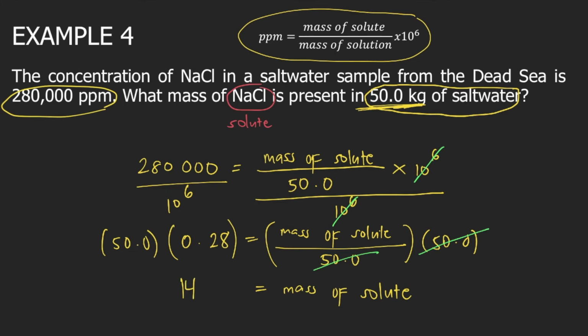And what will be the unit for mass of solute? I told you a while ago that if you are using this formula, you need to be consistent with the unit of mass. So if you read the problem, we used 50 kilograms of salt water. So that's 50 kilograms of solution. So the mass of solute must also be in kilograms. So the answer to this question is 14 kilograms of NaCl.